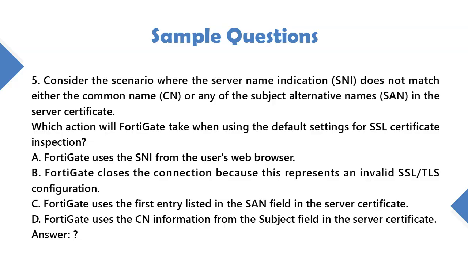B. FortiGate closes the connection because this represents an invalid SSL/TLS configuration. C. FortiGate uses the first entry listed in the SAN field in the server certificate. D. FortiGate uses the CN information from the subject field in the server certificate.